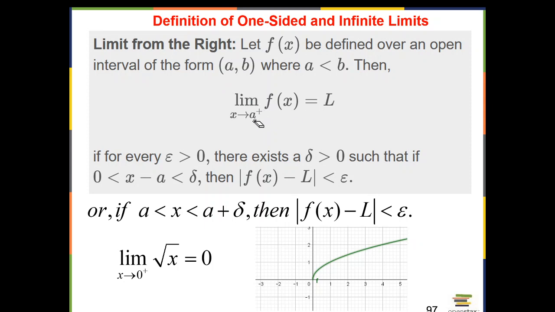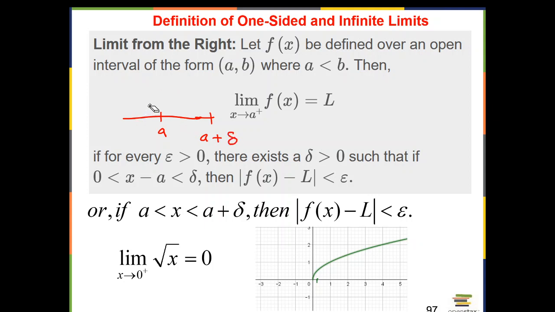So if it's one-sided, then on the x-axis, we're not interested to go to the left. This is right side. So we're not interested to be over here. We want to be over here. So that means on the x-axis, we want to be between a and a plus what? Delta. We don't want to be on this side.